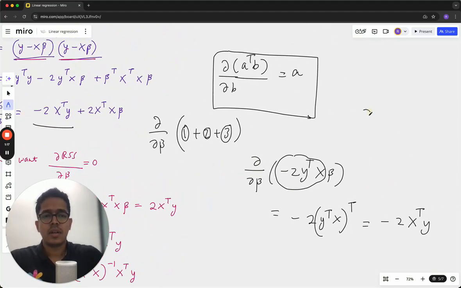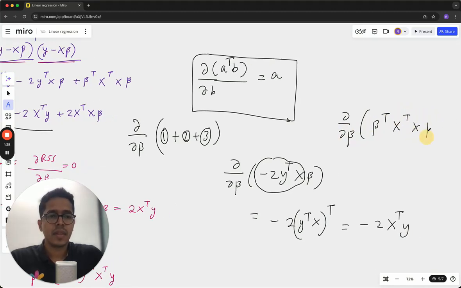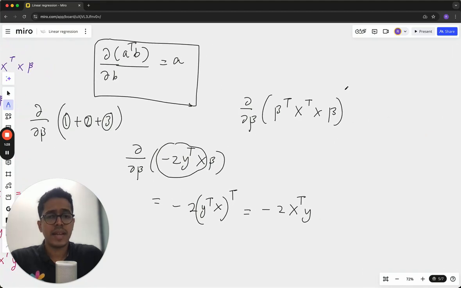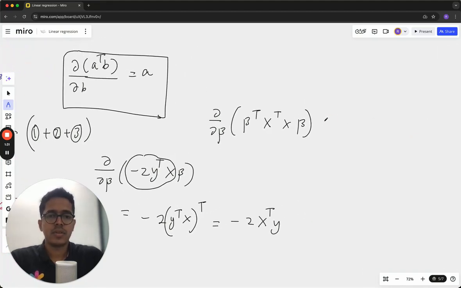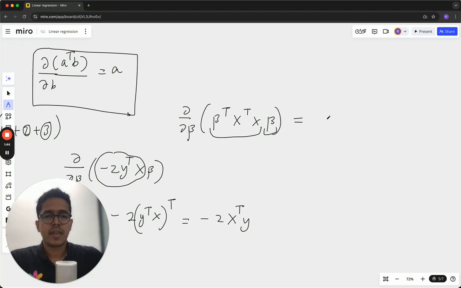Similarly, how about this? Dou by dou beta of beta transpose x transpose x beta. So this we can write in the following way. Here there is beta in this term, so let's first split here in this term as well as in this term, right? So this will be equal to beta transpose x transpose x, that is the A term, the whole transpose.